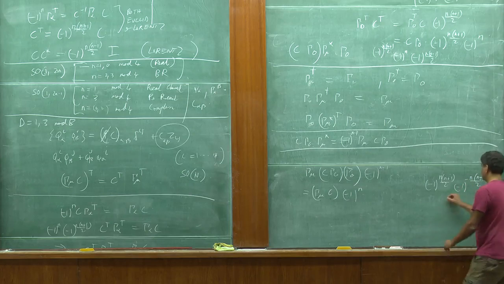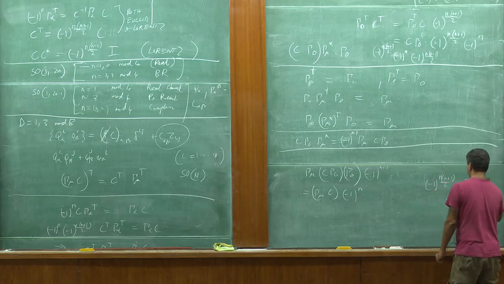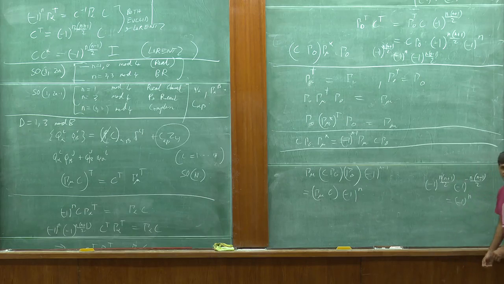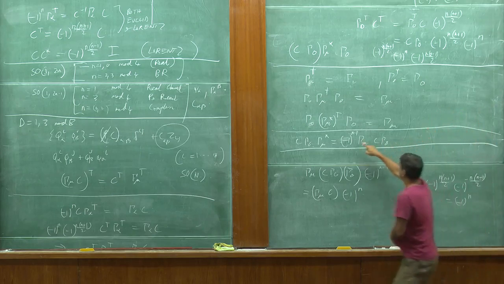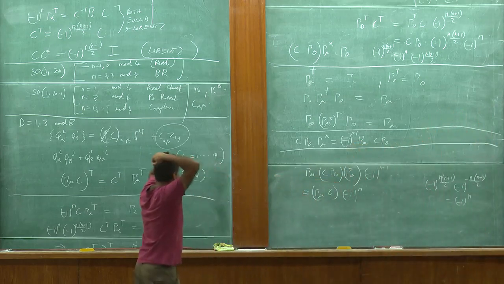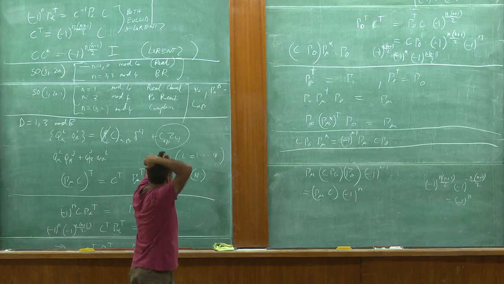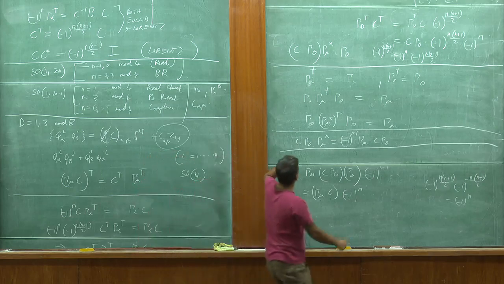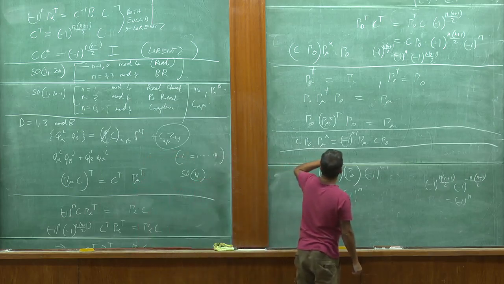Right? So this is equal to minus 1 to the power n, and that with the other minus 1 to the power n is 1. So that was just 1. But then we have this extra sign, extra thing from here. Let me check this. Oh, yeah, no, this sounds right.